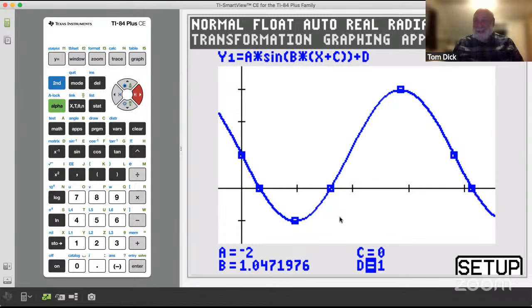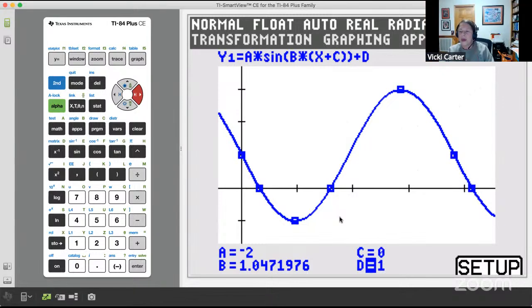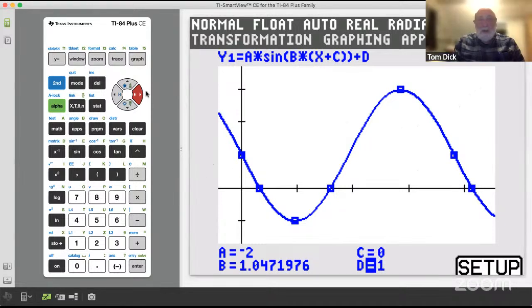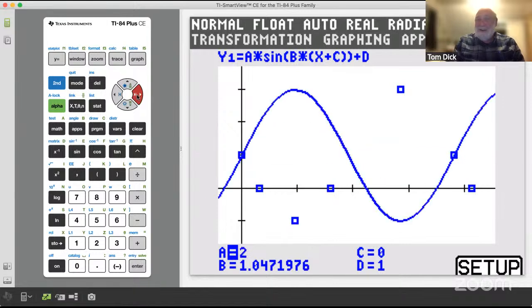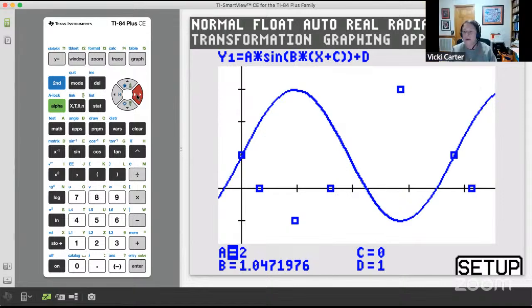I find the transform app just fascinating because as you're changing those values, you're actually seeing those sequential transformations that you're making. So Tom, let's make A a +2. So let me hit the up arrow to get over to A. And I'll be lazy. I'll just hit the right arrow to increment, since it's a nice integer value. Someone suggested if we used a +2, we then could have a C value that wouldn't be 0.